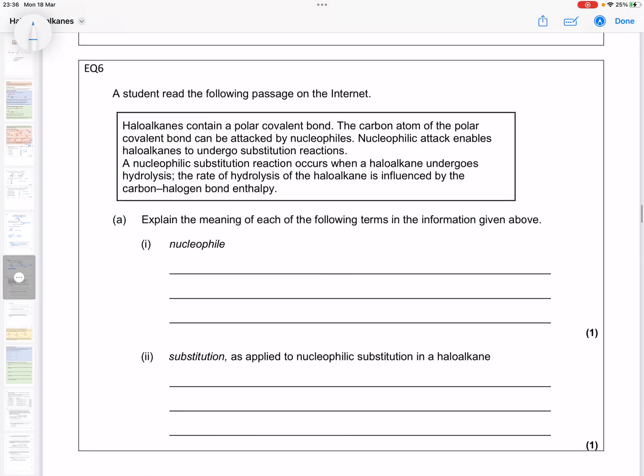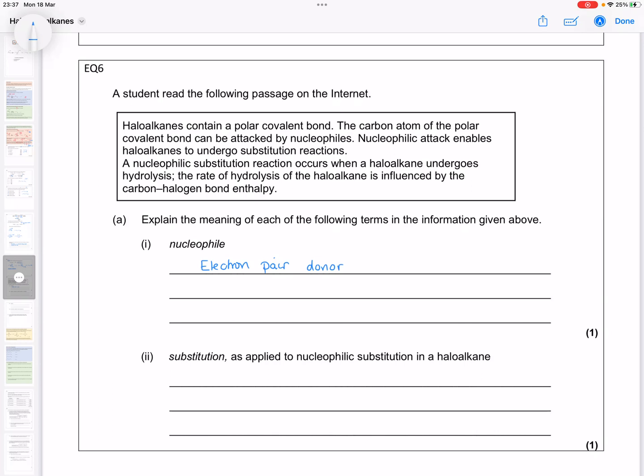Okay, so with this question we've got to give several definitions. So this is a good example of where learning your definitions is a route to some relatively straightforward marks, assuming you've learned them. Okay, so first of all, a nucleophile. Basically the lone pair is doing all the work here for a nucleophile, so it's an electron pair donor.